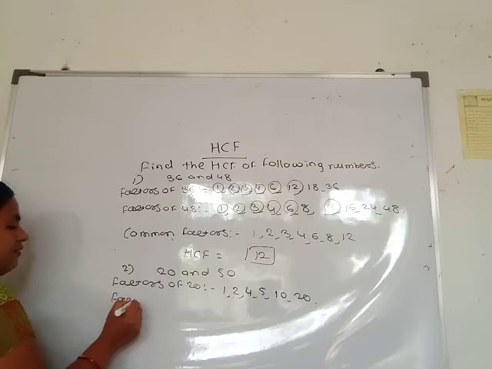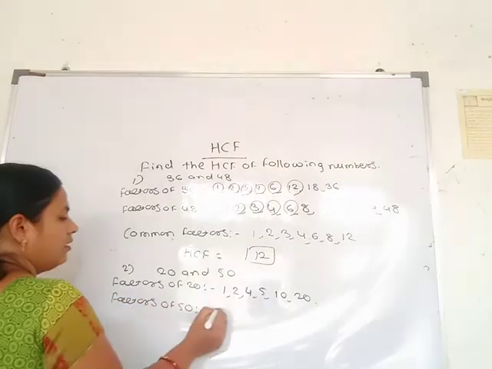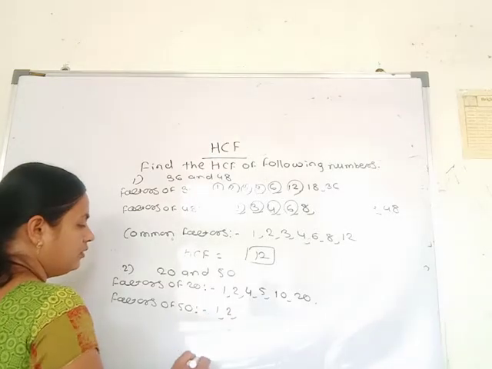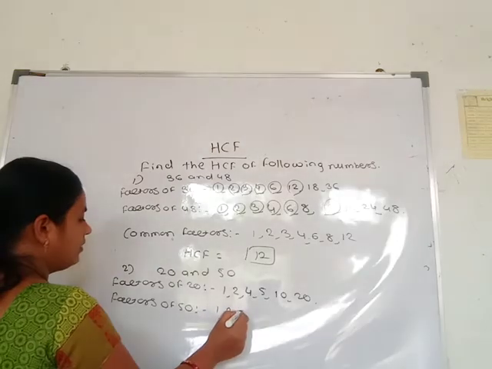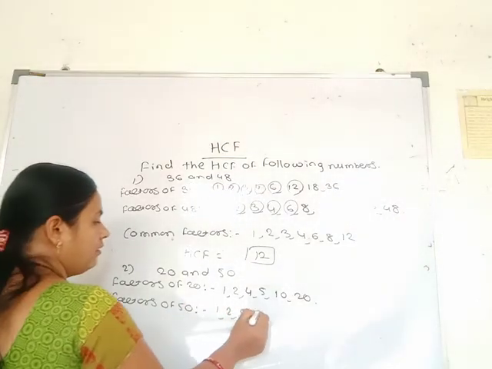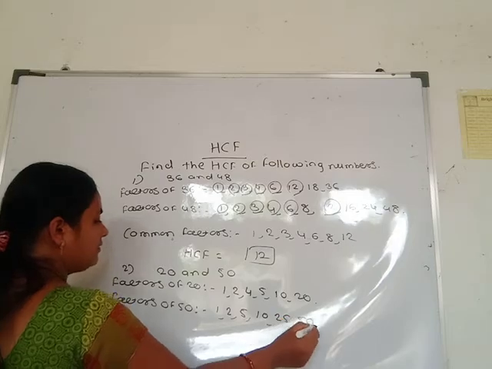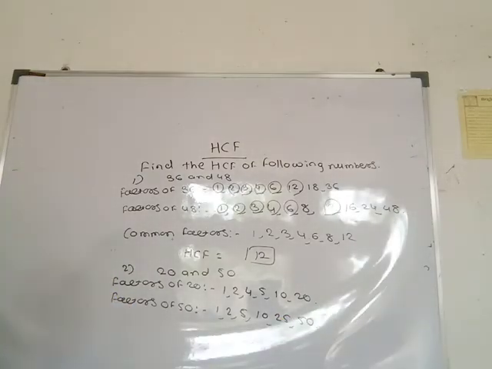Then factors of 50: 1, 2, 5, 10, then 25 and the last number, 50.